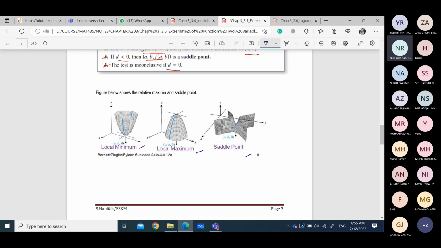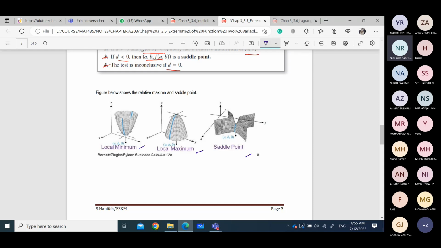Okay, so based on that we can find out the point on the region. It is similar to a local maximum. So on top of a surface, that is a maximum point. Okay, so how to find the relative maximum for that? We need to look at the region. Okay, so for saddle point, tak ada maximum dan tiada minimum. So that we call a saddle point.